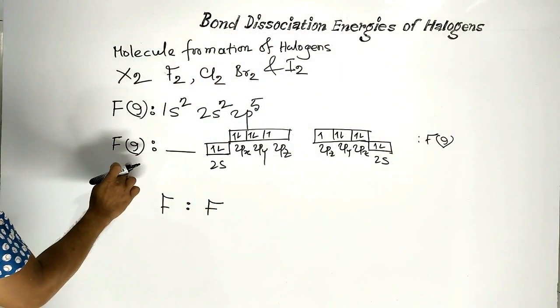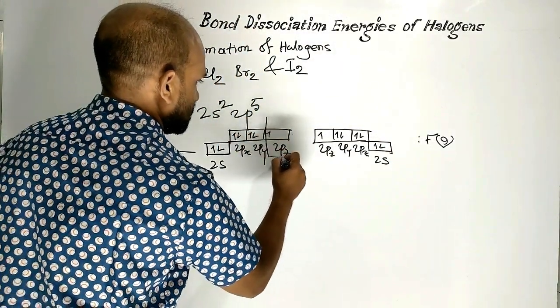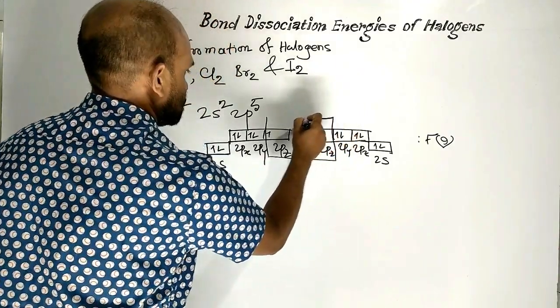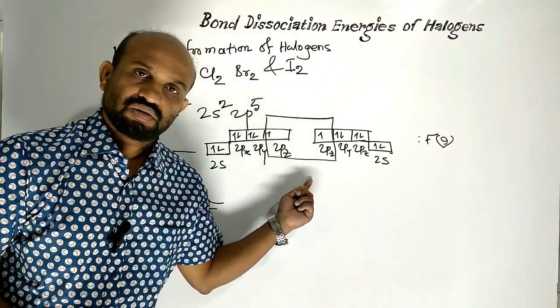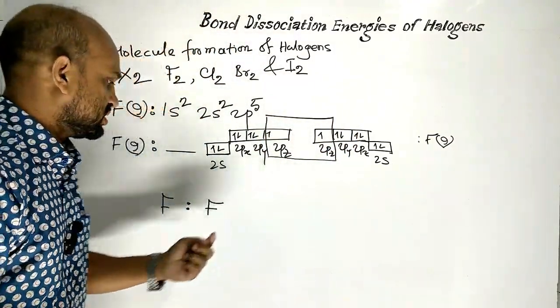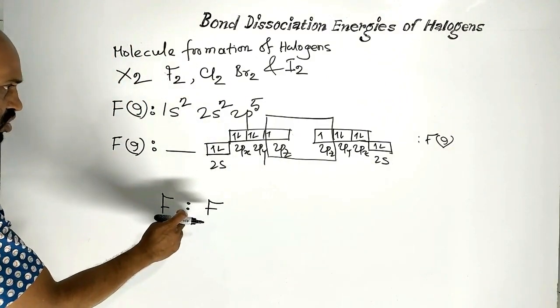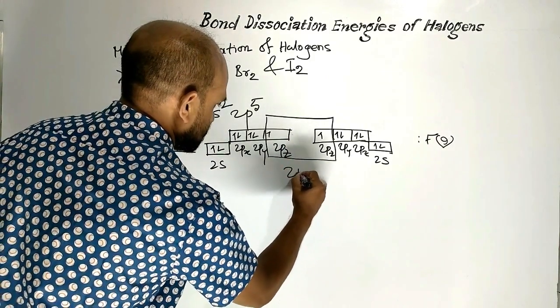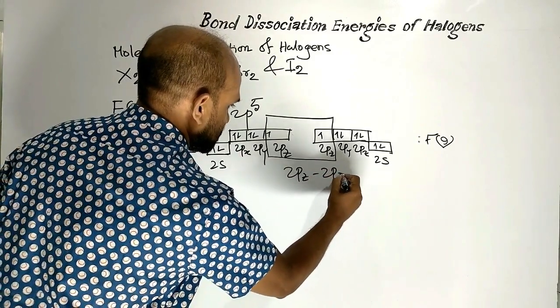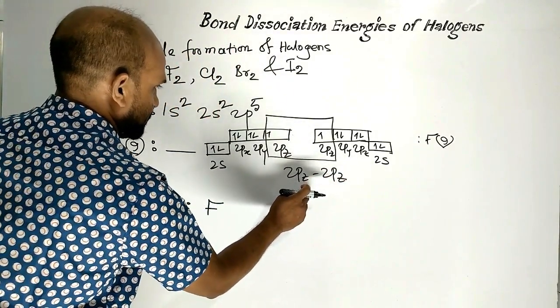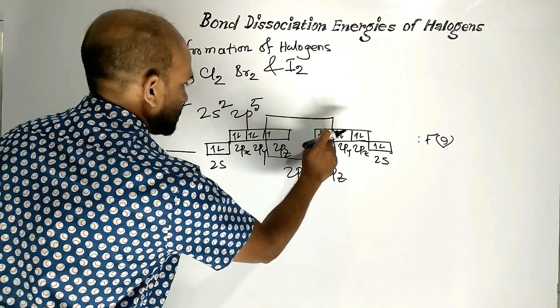The 2pz and 2pz overlap, and a covalent bond is formed between them, 1 electron, 1 electron.